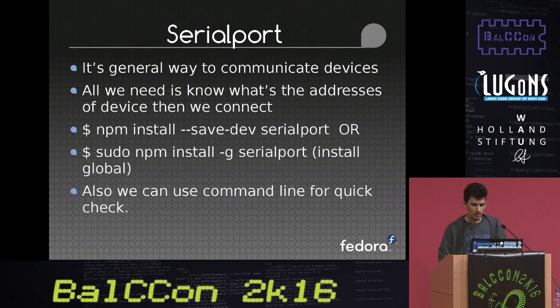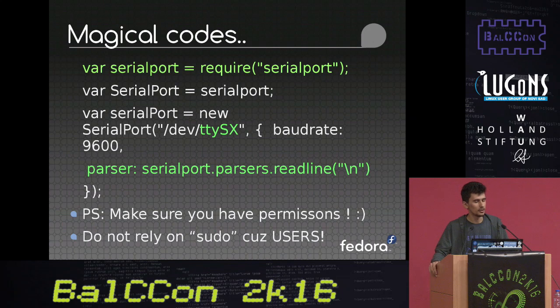Okay. So, how do I control it? It's easy. The magic code is just get the library, call the function, and type your baud rate and your port. On a Macintosh it's the same but different. Linux is this way. If you use Windows or something, it's COM 0, 1, 2, 3, 4, whatever it is.